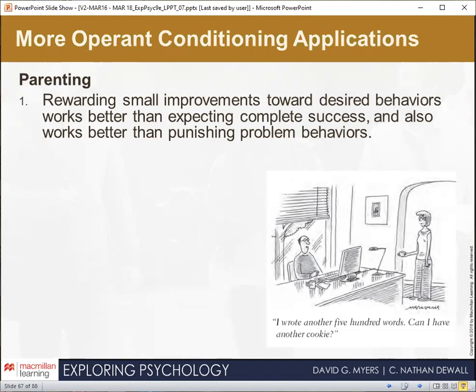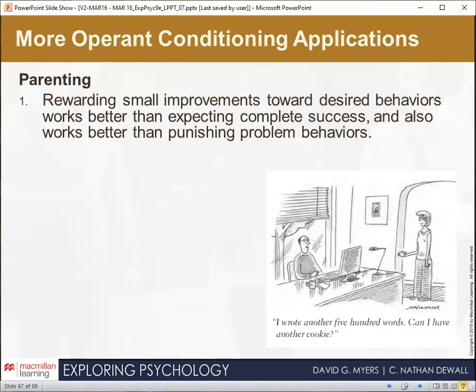So rewarding small improvements toward desired behaviors, that's shaping, works better than expecting complete success, and also works better than punishing problem behavior. Again, a couple of things that we've already addressed to a degree. We want to reinforce proper behaviors so we can avoid punishing improper behaviors. We want to give some sort of reinforcers for behaviors that get closer and closer to what you want.